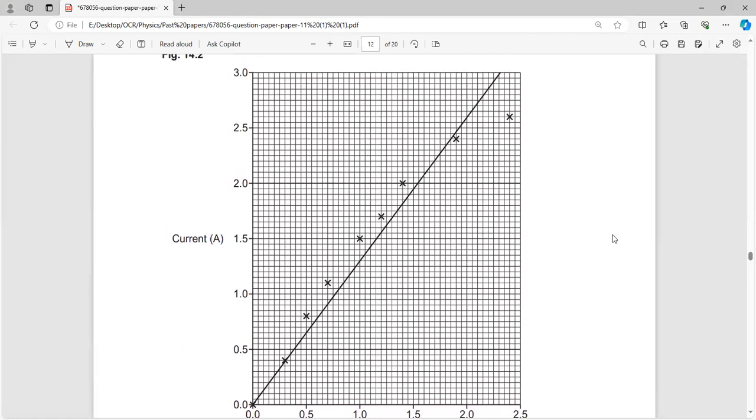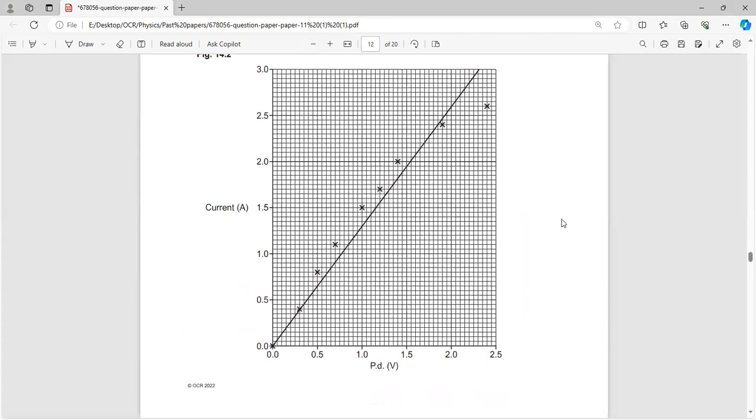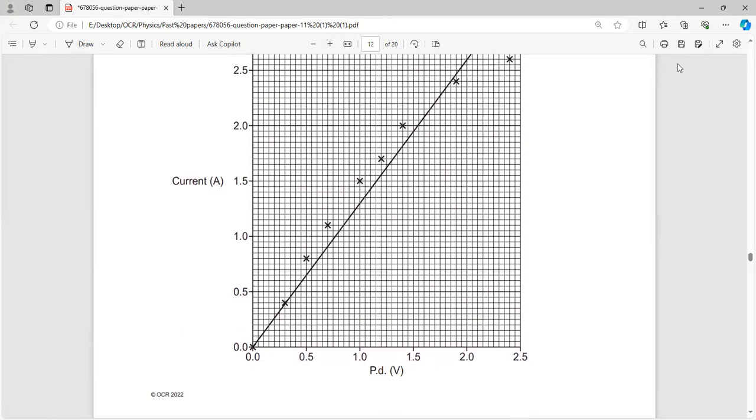For the graph analysis, you can see in the graph that along the x-axis the potential difference is given, and along the y-axis the current is given. You can see the values are not coming in a straight line.